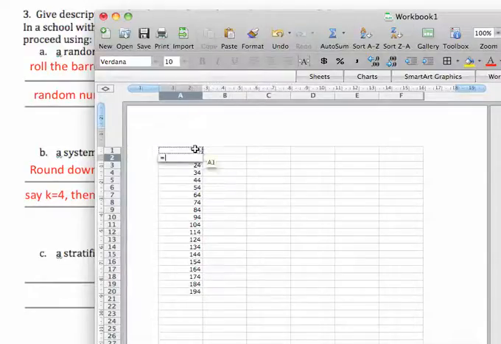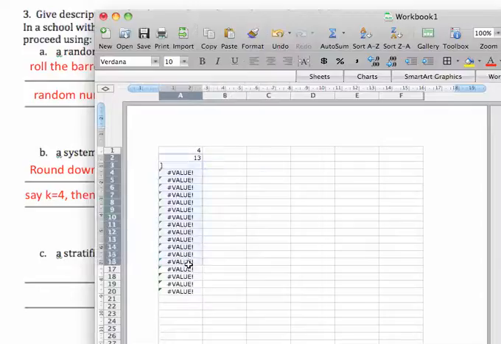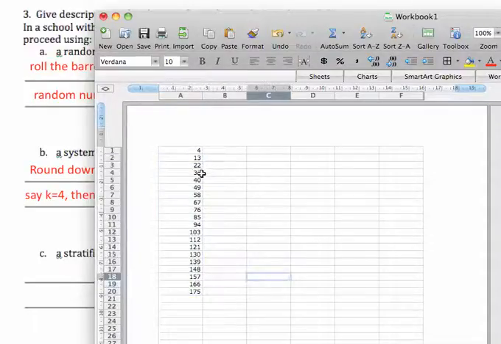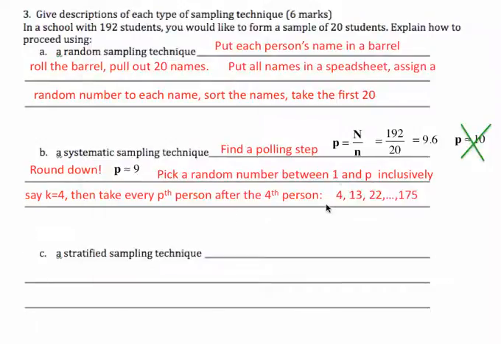So it's equal to 4 plus 9. So I get the 13th person, person 22, person 31, all the way up to person 175. So we get all of these people. And it's systematic because you're picking every so often. That way you're getting a good distribution across the population.